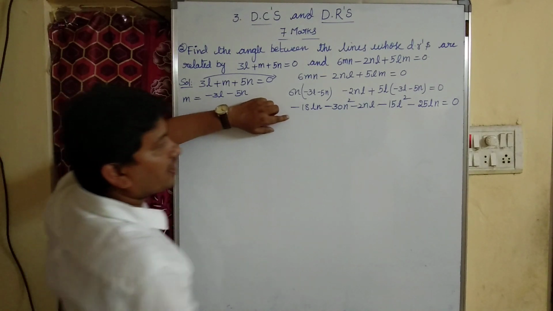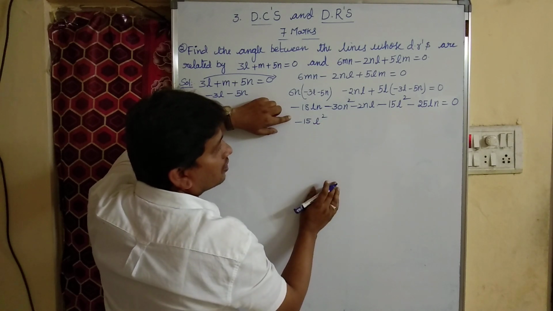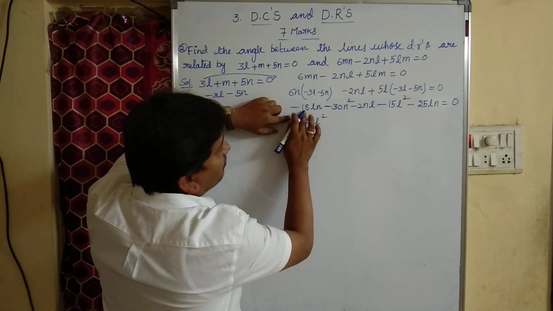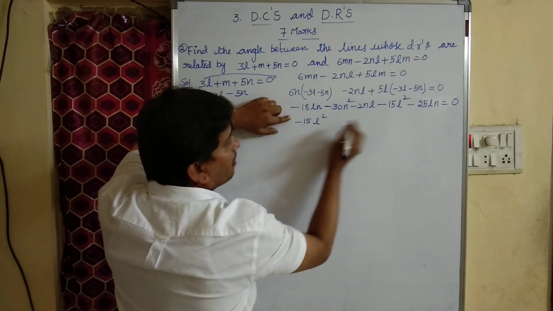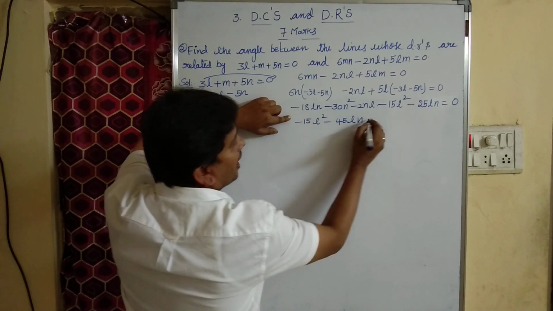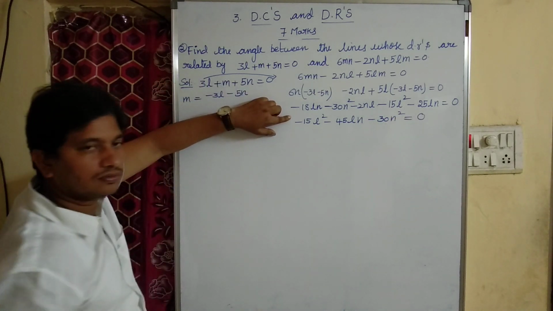Right? So let me write first l square, which is minus 15l square. Then let me write nl, here minus 18, minus 2, minus 20, minus 25, that is minus 45 ln. And then we have 30 n square, which is equal to 0.